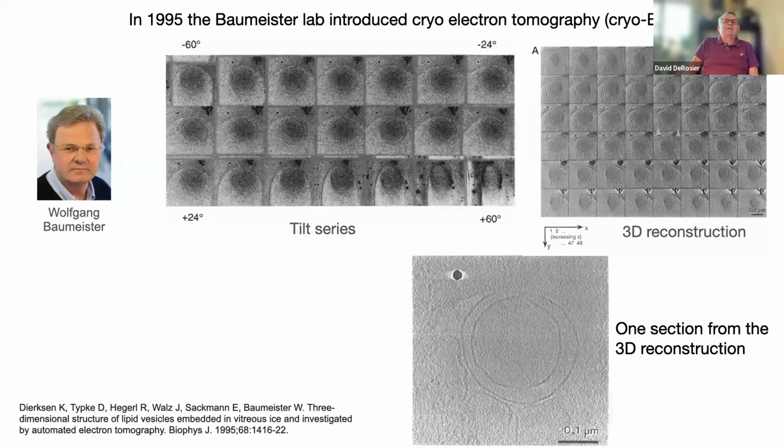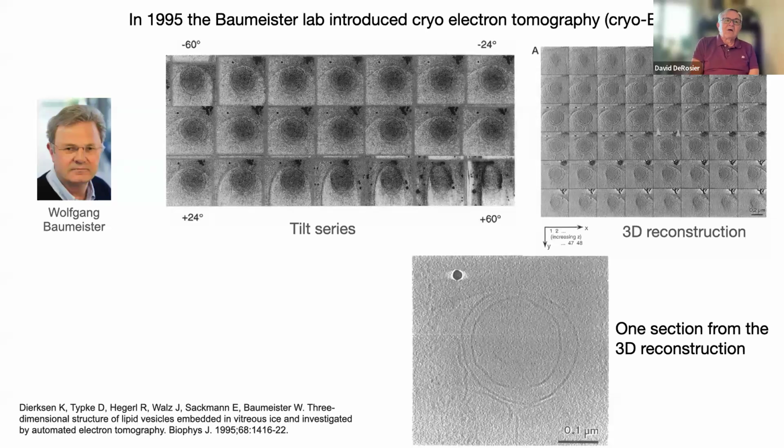Now, things really began in 1995 when the Baumeister lab introduced cryo-electron tomography. I must say this was a bit of a startler because people had worried so much about radiation damage taking a single image. The idea that you could take a whole tilt series and reconstruct something that wasn't scorched was really quite remarkable.